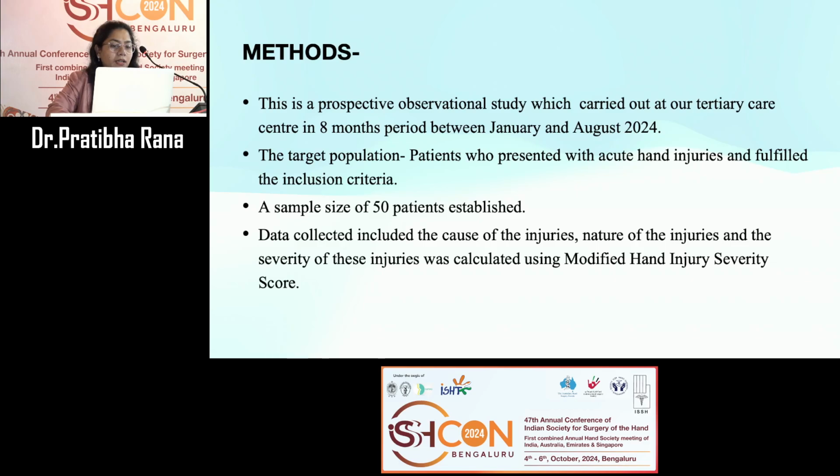My method: it is a prospective observational study carried out at our center over the past 8 months. The target population was patients who presented with acute injuries. In this study, I am taking a sample size of 50, and I am presenting the data of 50 patients. In the data, I collected the causes of injuries, nature of injuries, and severity of the injuries.